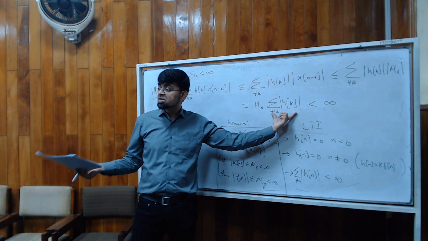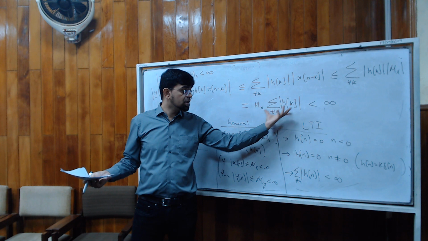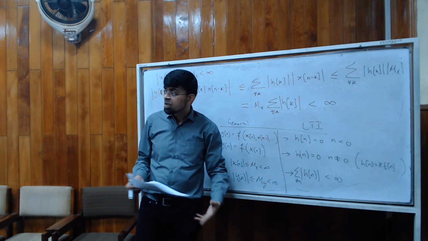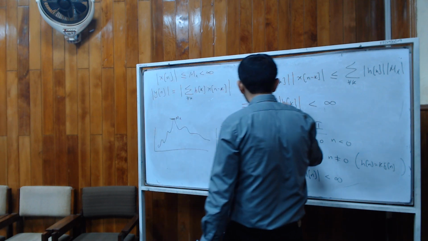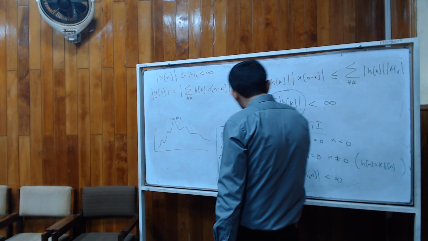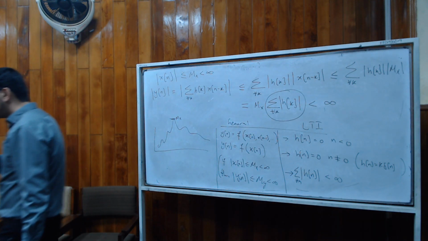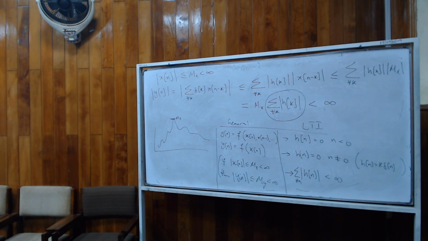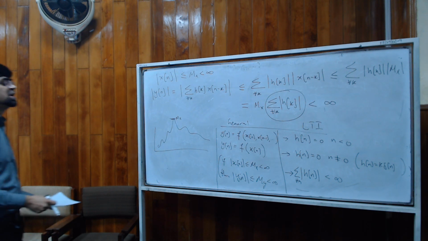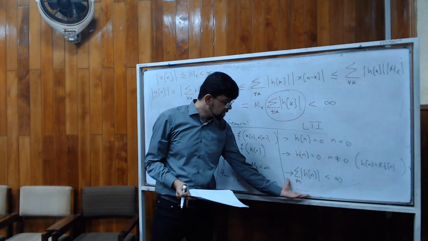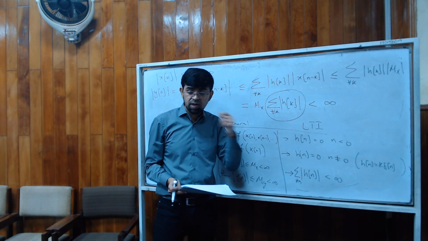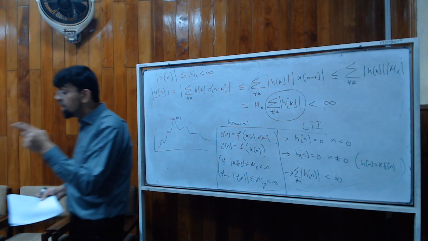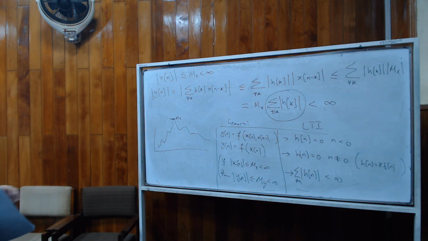If this summation is finite, the whole product will also be finite. So the only condition left for the output to be finite is that the sum of the absolute values of the impulse response should be finite, which we wrote here using a different dummy variable h, and that doesn't matter. So that is where this test comes from.